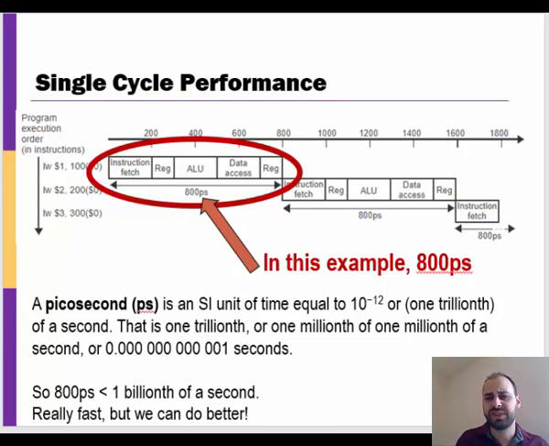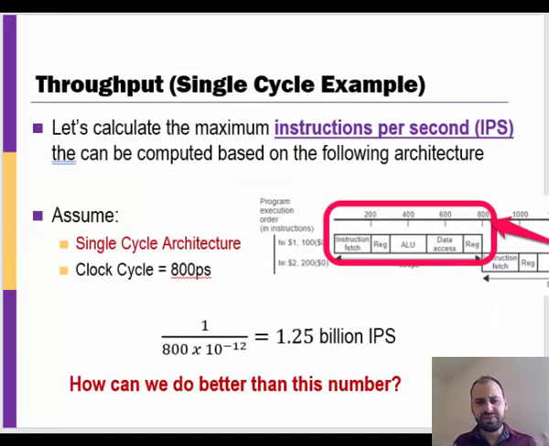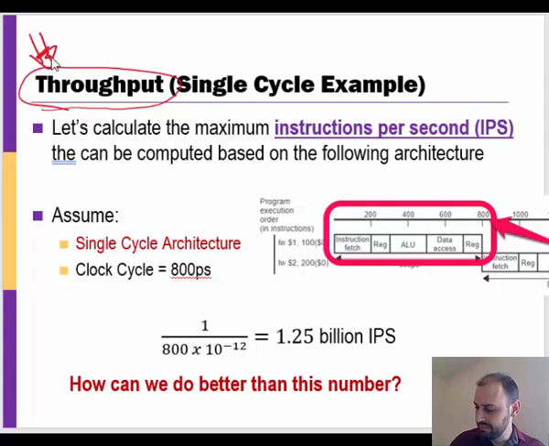Let's keep moving on here. A common way of measuring performance is this idea of throughput. Throughput is an indication of how much work is accomplished in a given period of time. The units we're interested in are instructions per second.